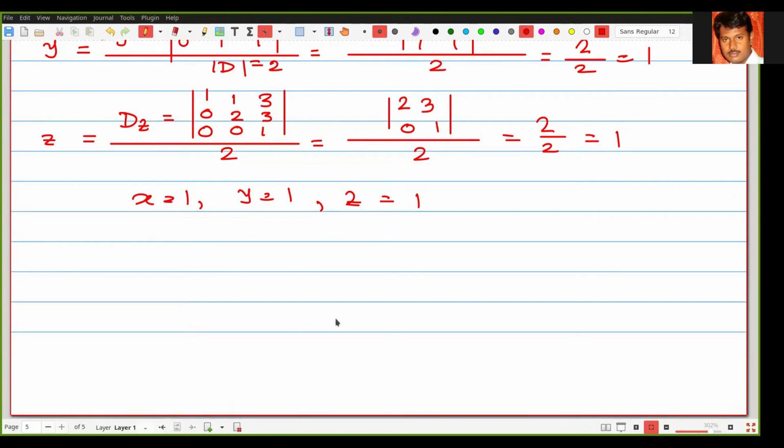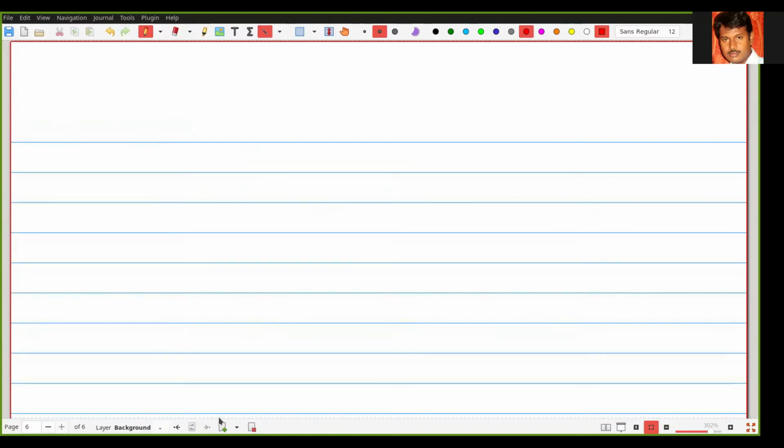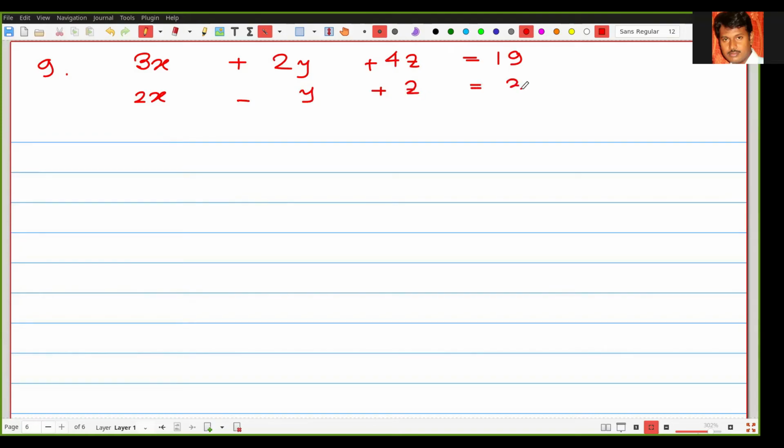The next problem is also on Cramer's rule. Solve. Let's check what is the system of linear equations: 3x plus 2y plus 4z is equal to 19, 2x minus y plus z is equal to 3, and 6x plus 7y minus z is equal to 17.